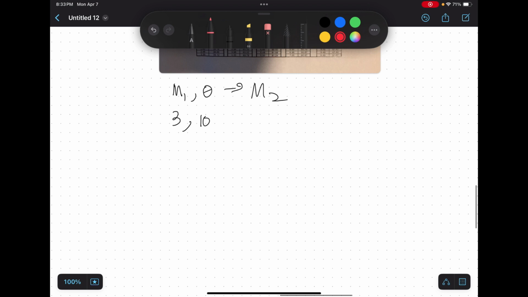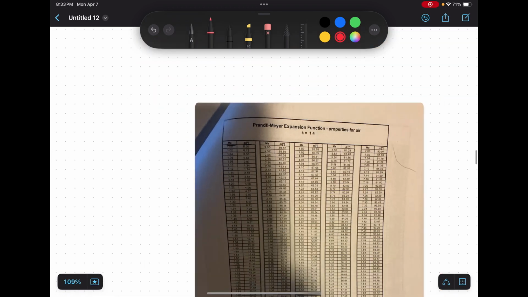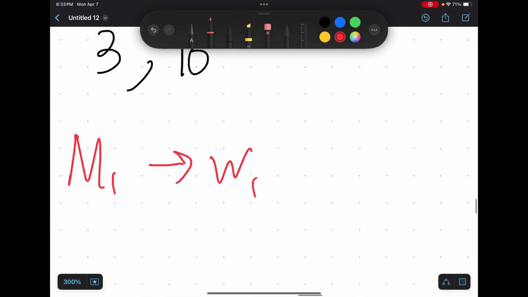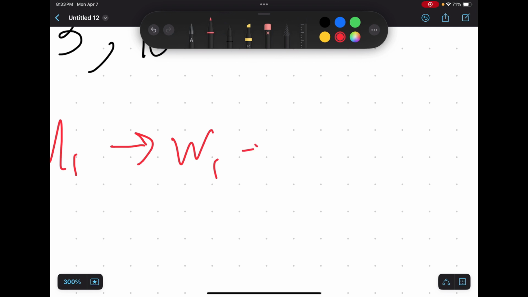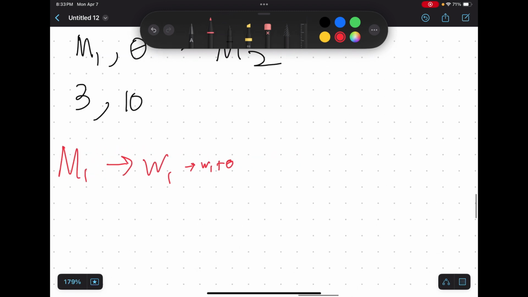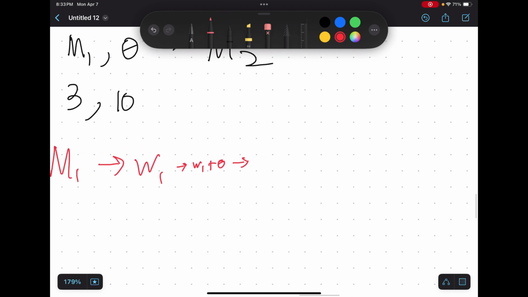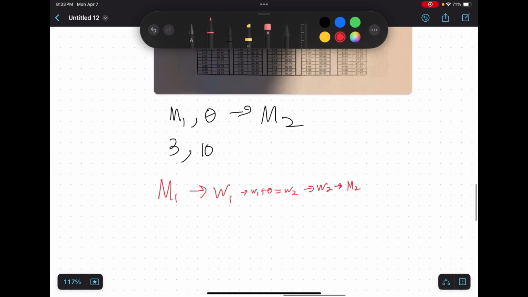We use M1 to find W1. These are W's, or omegas, or whatever. I call it W. Then we do W1 plus theta, and that equals W2. And then we use W2 to find M2. So let's do that.